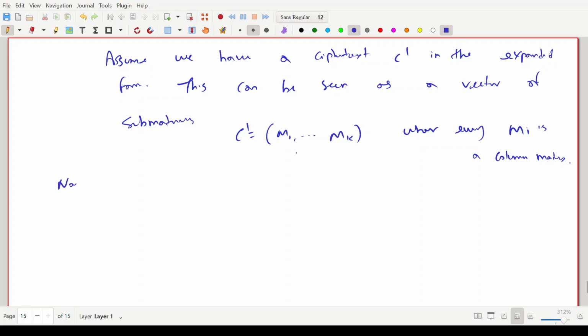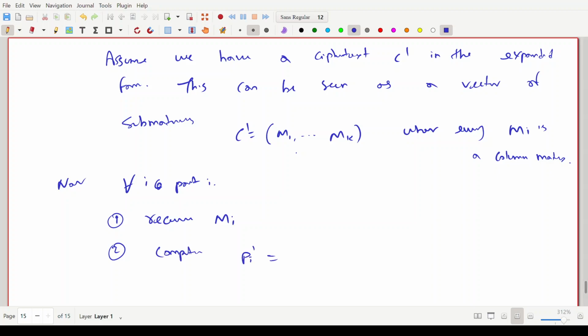Now for all I belonging to the participants, that is party I, first, he receives this Mi. Second, he computes Pi dash.